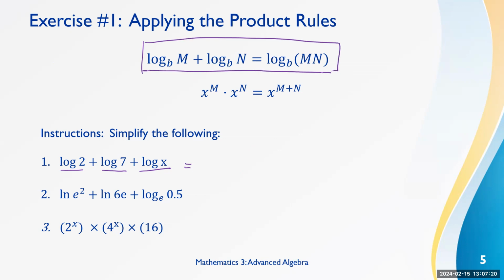Since we have the same base here, again, when we see no base written, the base is 10, so it is a common logarithm. With the same base, we need to multiply the arguments. So the resulting value would be log base 10.